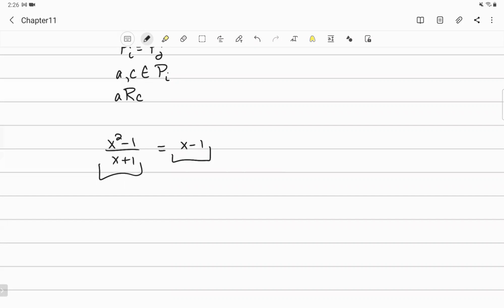Okay, but in reality, who cares if I'm dealing with this line or the exact same line with the hole? We learn in calculus that if the limit is approaching the same on both, we can act like it's continuous, right? We can fill the hole and act like it's continuous. So in algebra, whenever you take any function that simplifies to x minus 1 and call it x minus 1, you're actually using equivalence classes.